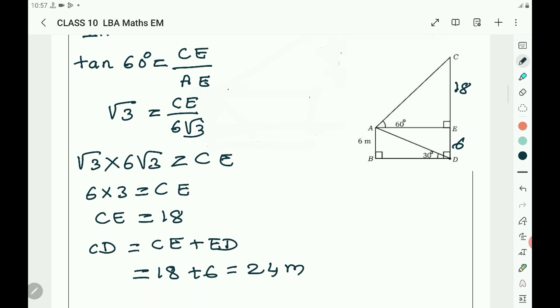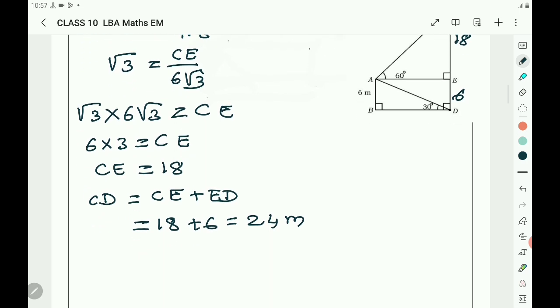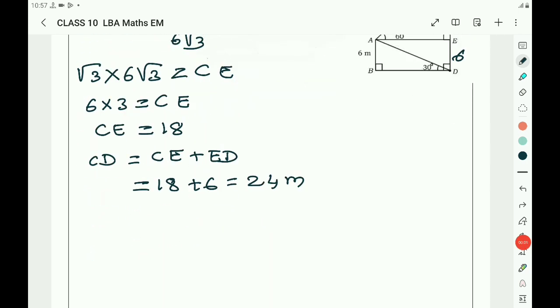So you got height of the tower equals 24 meter. Then you write height of the tower equals 24 meter.